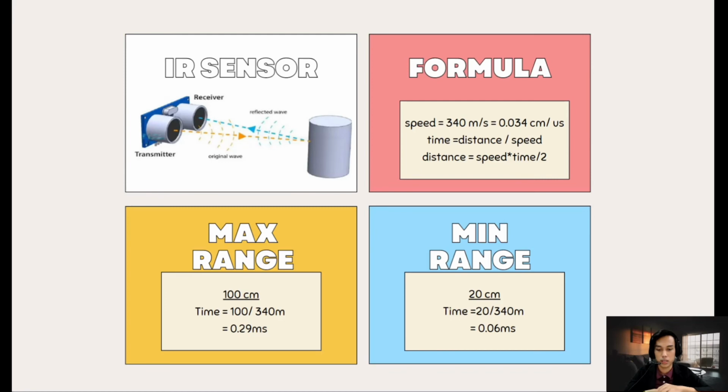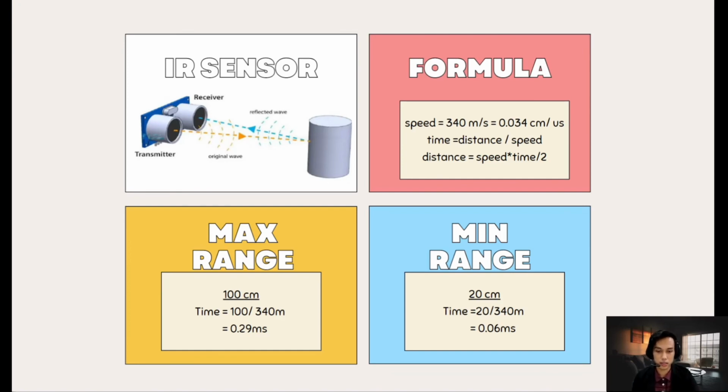The ultrasonic sensor uses the speed of sound formula, because it emits ultrasound at 40,000 hertz, which travels through the air and bounces back to the sensor. The receiver will get the signal.